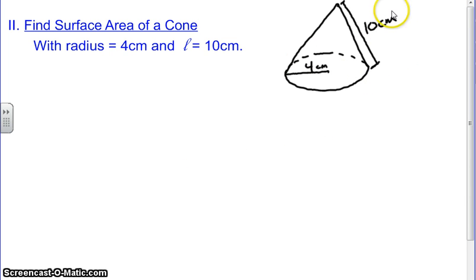So remember, draw the figure as often as you can. And then we always start with our plan. So our surface area equals the base, which is a circle, plus pi r L, pearl.